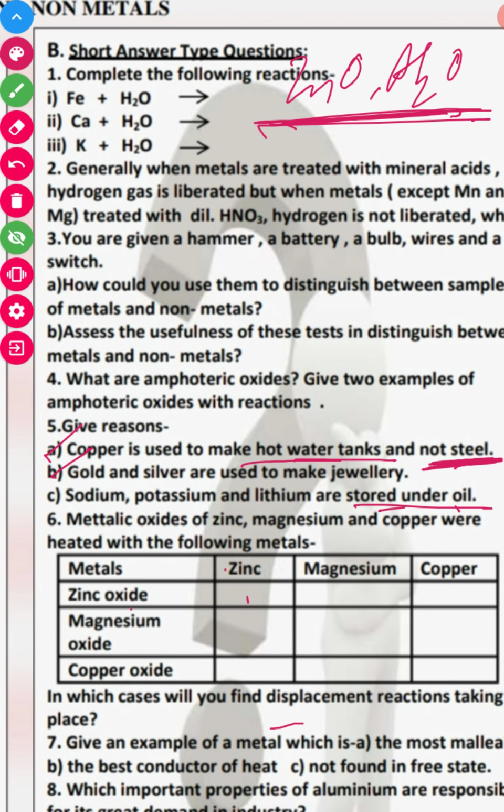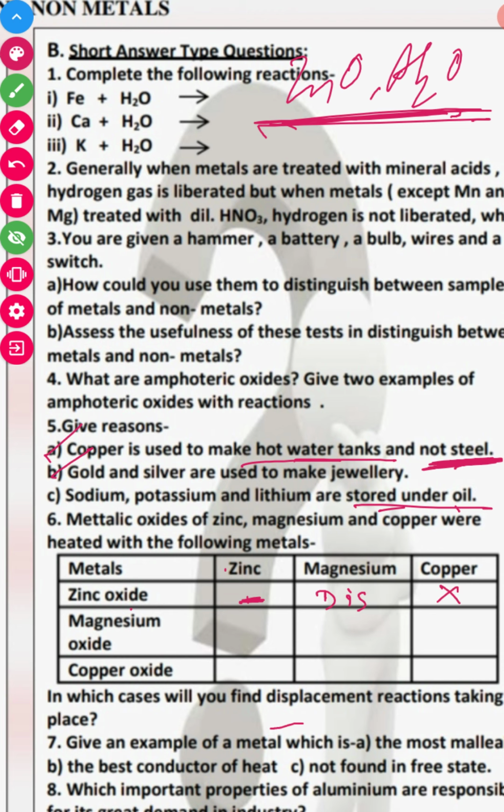When zinc oxide is heated with zinc, no reaction takes place. When zinc oxide reacts with magnesium, displacement takes place, because magnesium is more reactive than zinc, so it displaces the zinc. And when zinc oxide reacts with copper, no reaction takes place.